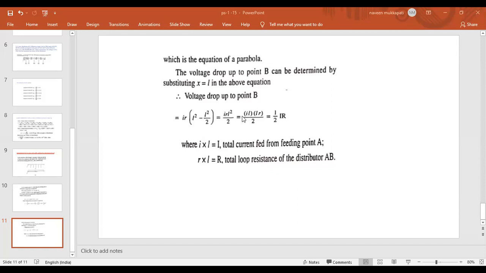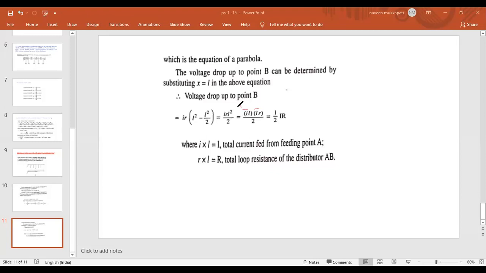Then it will be IL and LR; this is one term and this is another term.